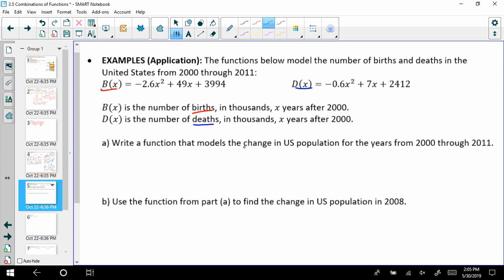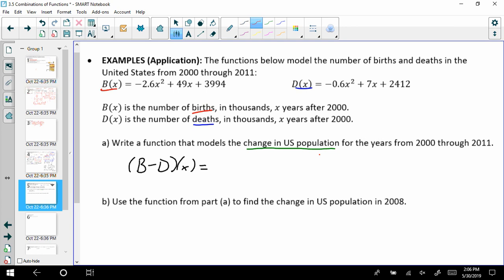Well, if I want the change in the population, I have to take into account the people being born and the people dying. So what would I do with those two quantities? Hopefully you should say, I want to find this. Right? My births minus the deaths, that will give me the change in population.